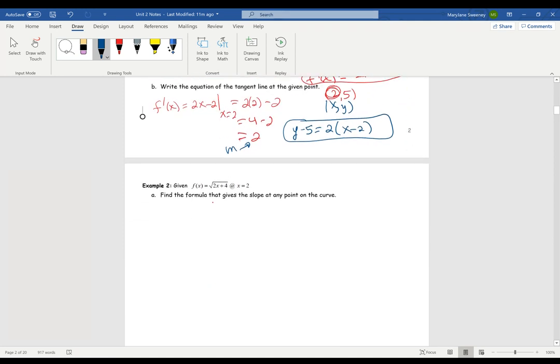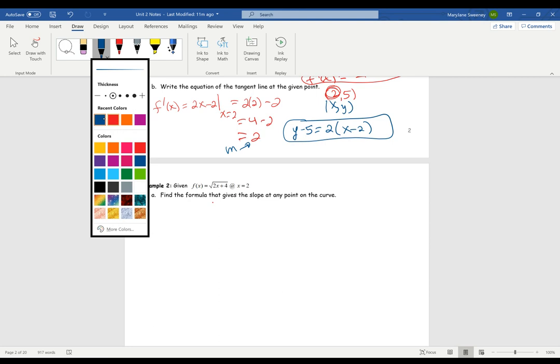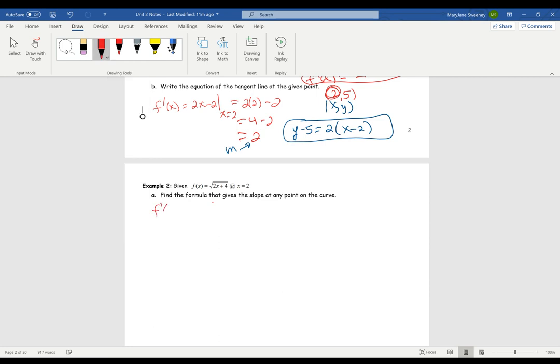Now for the next one, first of all, we're going to do the same thing. f prime of x equals the limit as h approaches 0 of f of x plus h, we're going to put x plus h in for x, minus f of x, all over h.